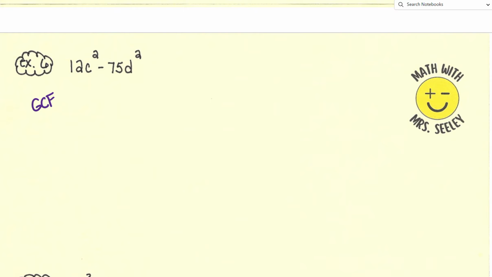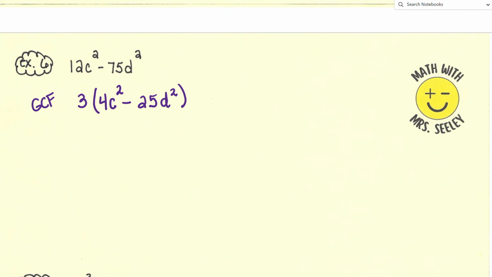Looking at your numbers of 12 and 75, I see that 3 goes into both of those. So I'm going to factor out a 3. 12 divided by 3 is 4. Bring down your c squared, minus 75 divided by 3 is 25, and then bring down your d squared.